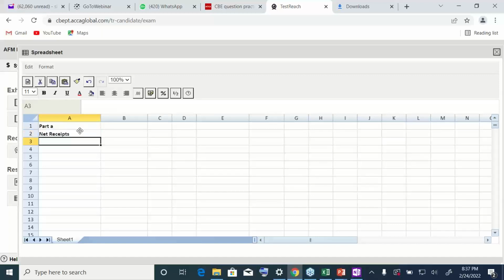Payment is 14.5 million, and receipt is 37.4 million.